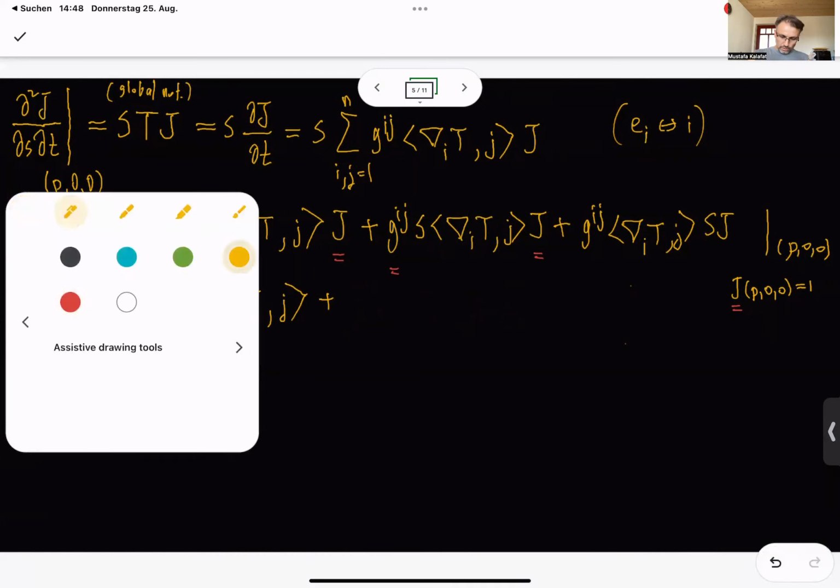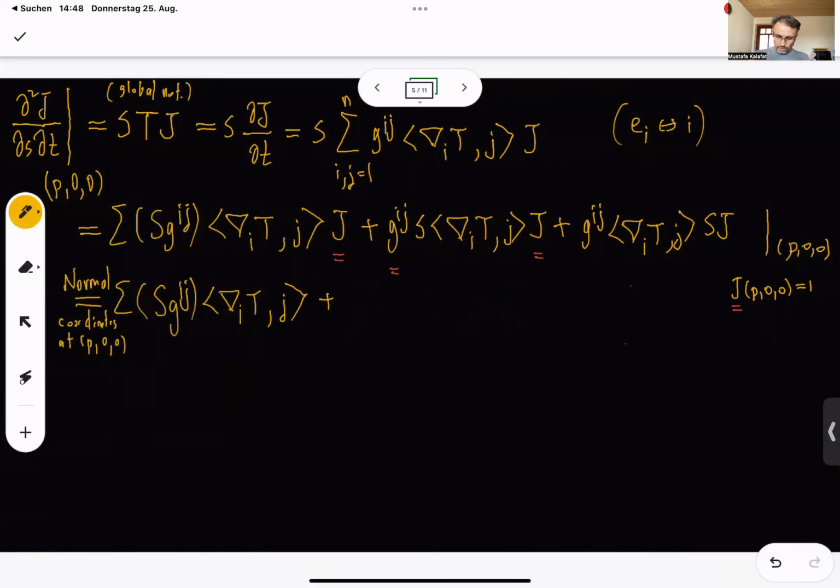Let's not forget about that one, so that we have room here. The inverse matrix is also at the point P00 with normal coordinates. It's going to be 1, so that term also disappears. Let's make some room for the next term, to make efficient use of the board. Okay, now it looks nice.